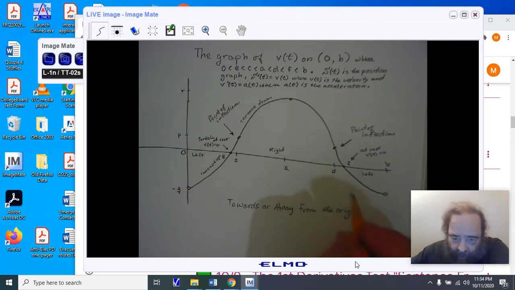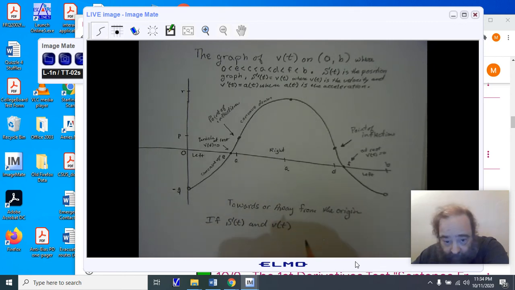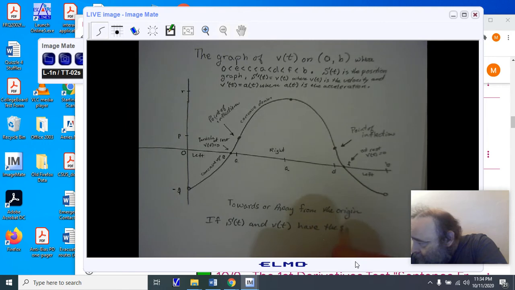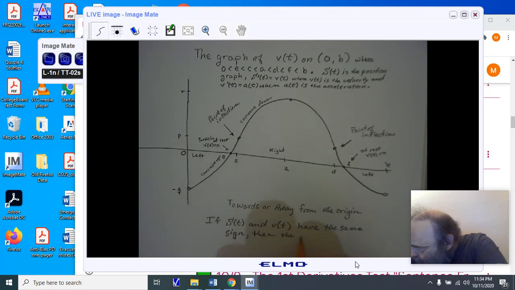Once again, keep in mind that we have two conditions. If the position and velocity are both positive, therefore have the same sign, because this would also work for being negative, we say that the particle is moving away from the origin.